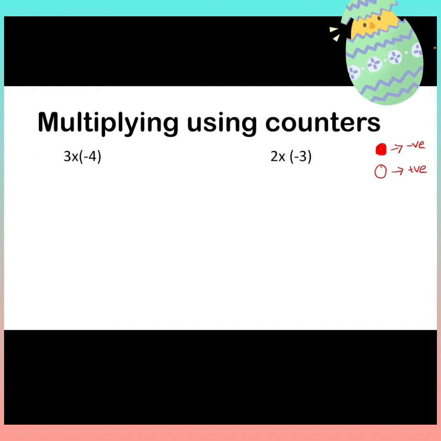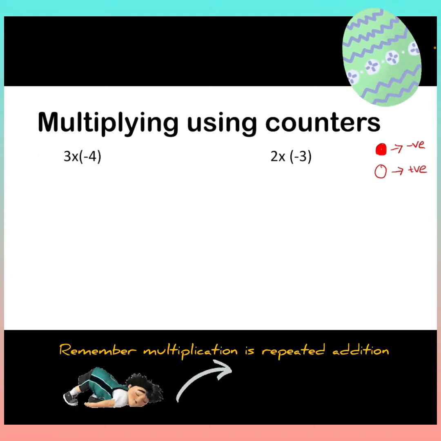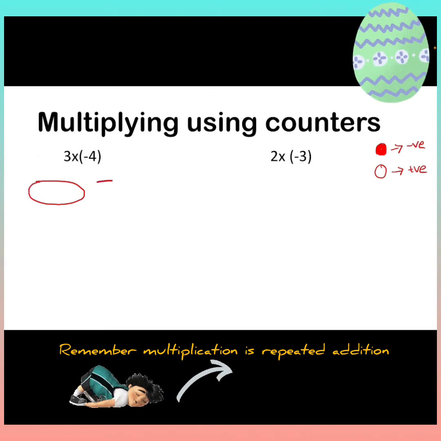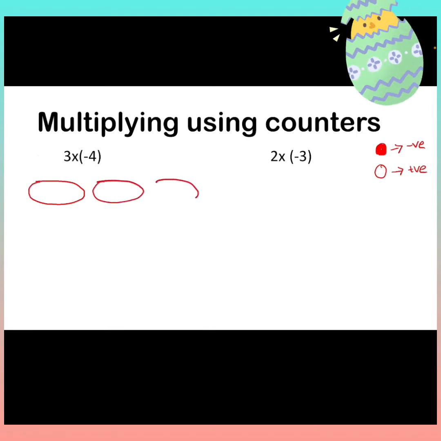Multiplying, in another term, is repeated addition, right? So 3 groups of -4. I have to make 3 groups. I can make the groups in circular form, and in each group there should be -4.